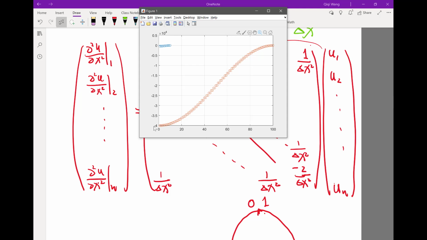And what does it look like? Looks like negative 40,000 actually. My delta x here is 0.01, and it looks like my minimum eigenvalue, the most negative eigenvalue, is something like 4 divided by the square of delta x.